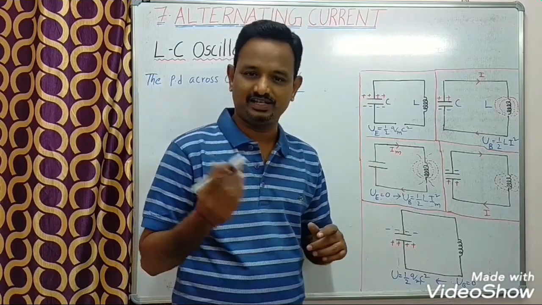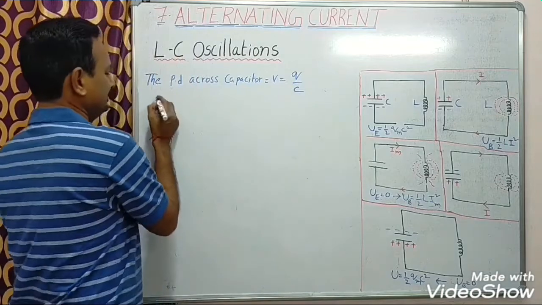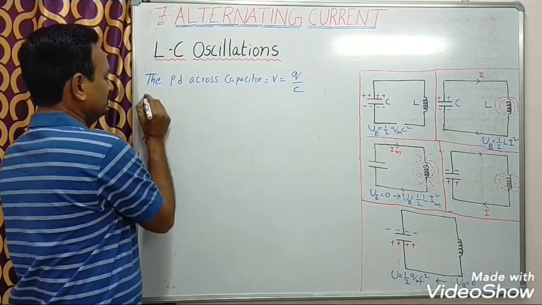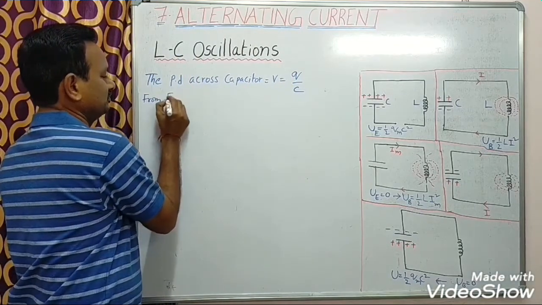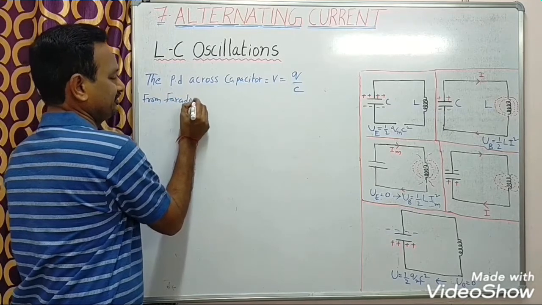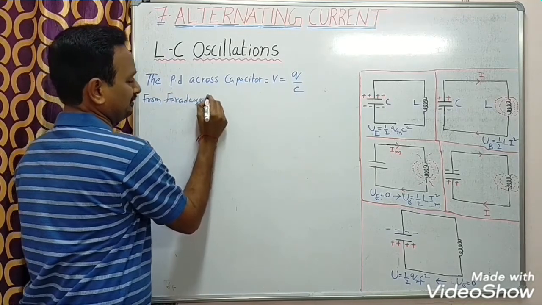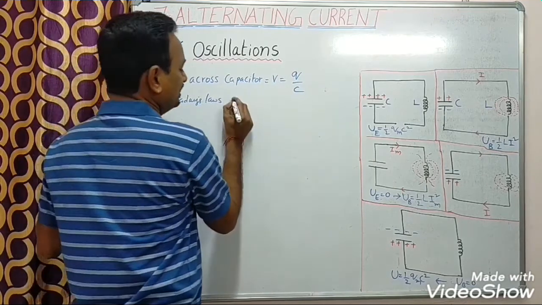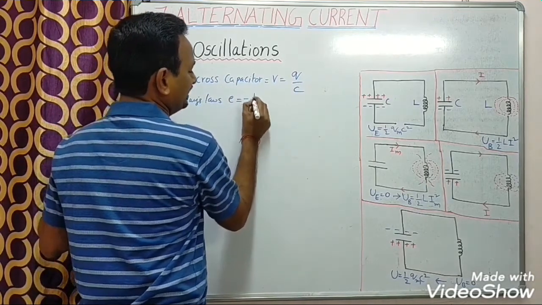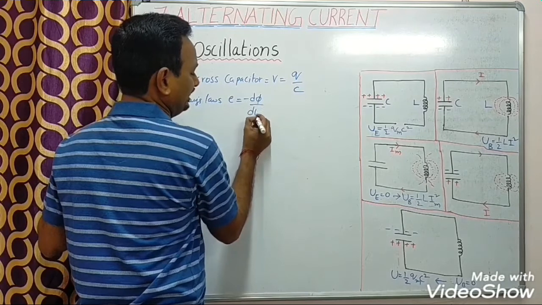From Faraday's second law we can write E equal to minus d phi by dt.